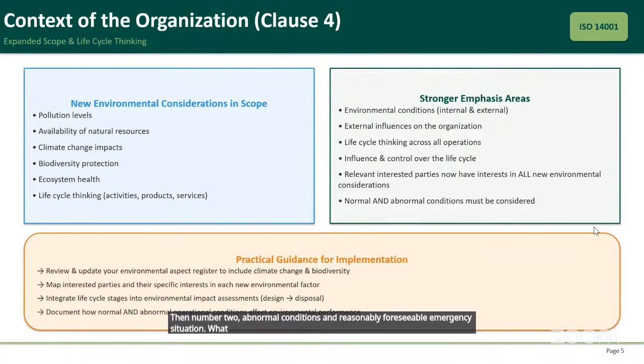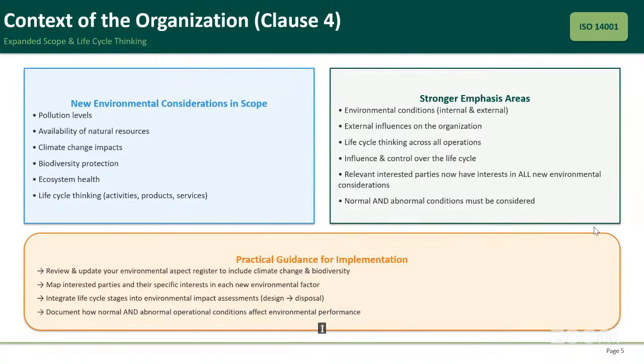What are the abnormal conditions that have deviated from the normal operation? I made reference to the Bhopal disaster that happened in Bhopal, India. There were abnormal conditions, abnormal situations that should have been addressed, but they were managing it.